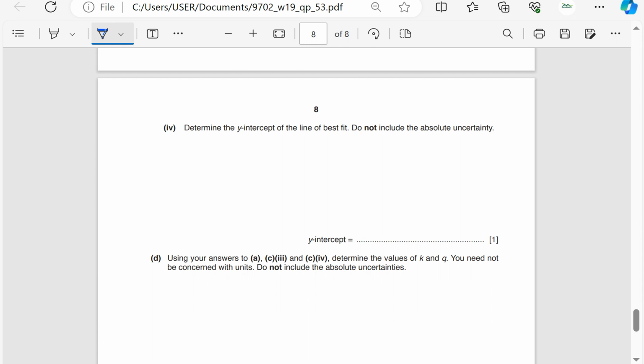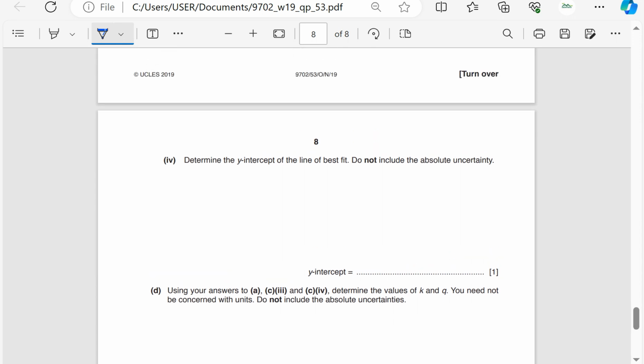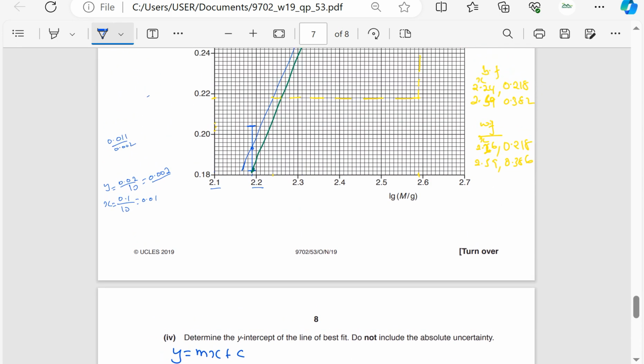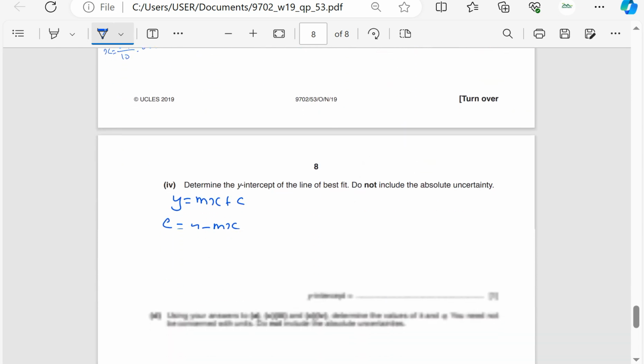Then determine the y-intercept of the line of best fit. So we use y equals mx plus c. So c is going to be equal to y minus mx. I'm going to use one of the values for the best fit, which I wrote here: the x value and its corresponding y value, 2.24 and 0.218.